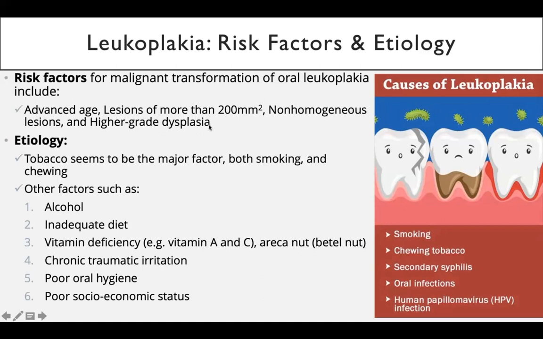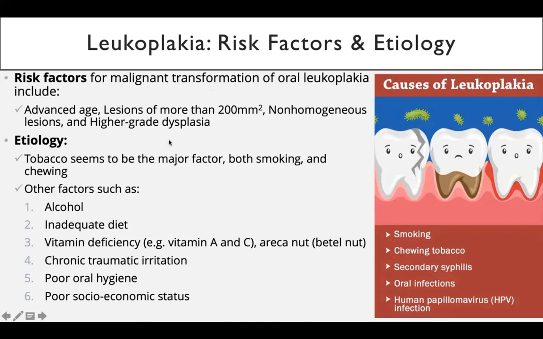If you take a biopsy or scraping or cytology of the leukoplakic tissue of the tongue or any mucous membrane and you find higher grade dysplasia, the cells cannot be differentiated. Then higher grade dysplasia is one of the risk factors that the leukoplakia will transform into a malignant tissue.